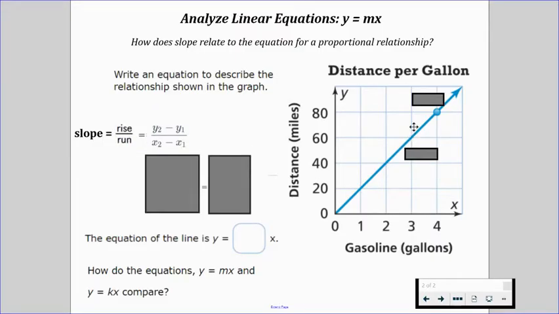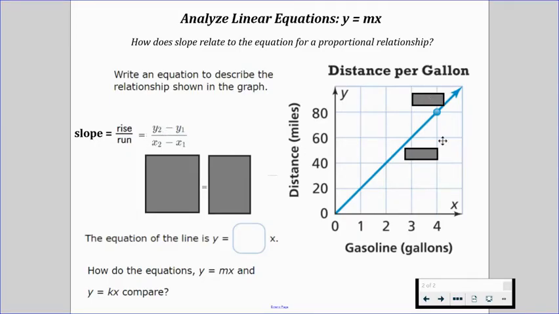We could identify the rise and the run from one ordered pair to the other, or we can use our slope formula. In order to use the slope formula, we need to identify 2 points on the line and then find the change in their y values compared to the change in their x values.